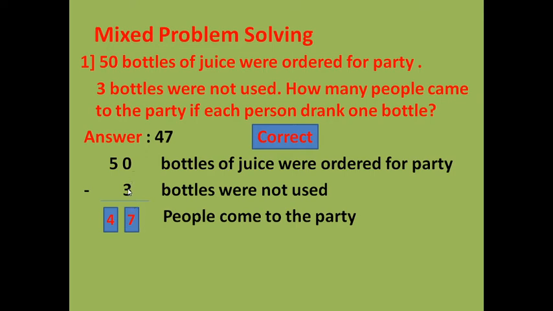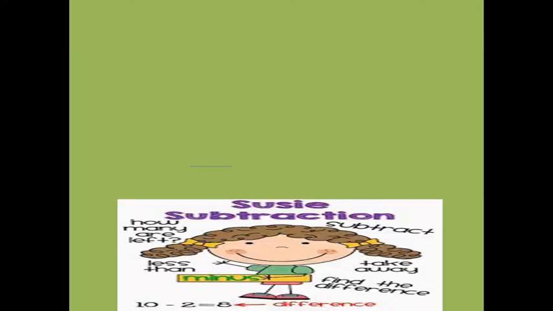To check, 47 plus 3 equals 50, which means it is correct. Here I want to tell you something: if you hear how many are left, less than, subtract, take away, find the difference, or difference, then we will subtract.